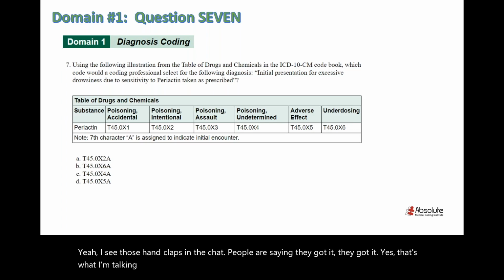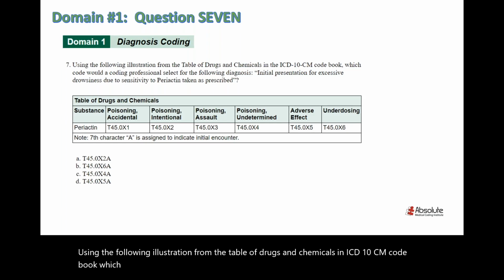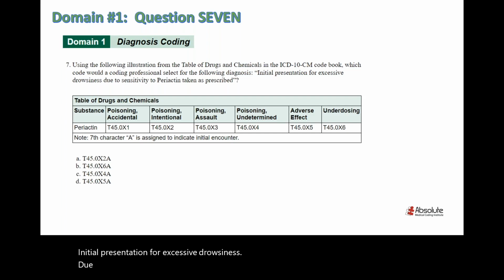And now, question 7. Using the following illustration from the table of drugs and chemicals in ICD-10-CM code book, which code would a coding professional select for the following diagnosis? Initial presentation for excessive drowsiness due to sensitivity to periactin taken as prescribed.